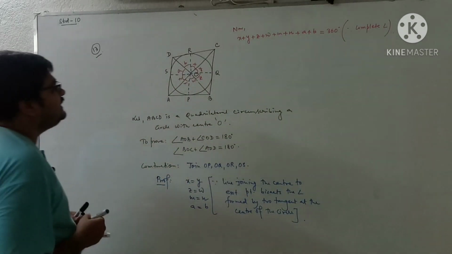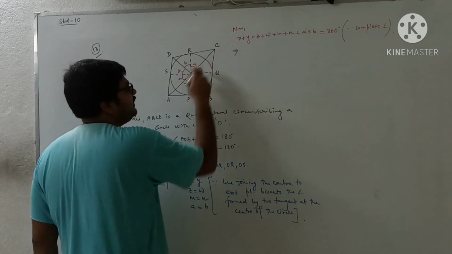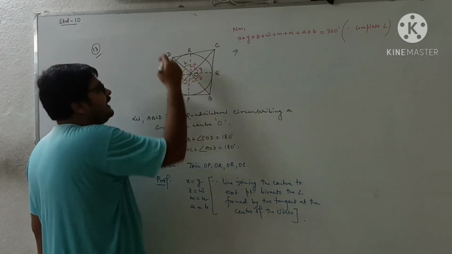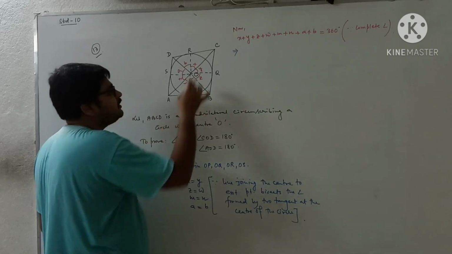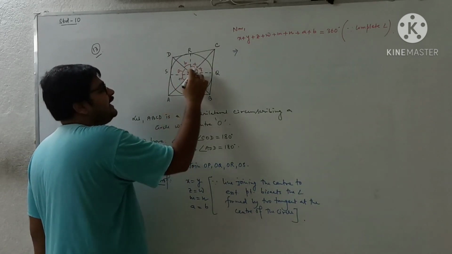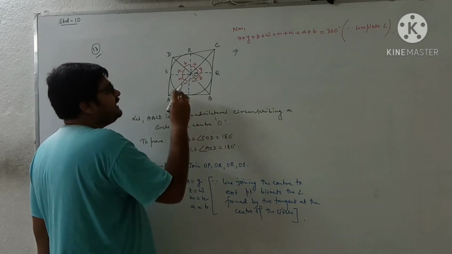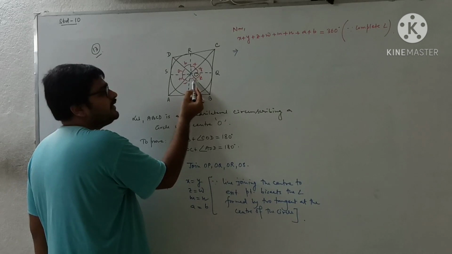Now you just see one thing, X and Y are equal, already proved. First of all, I want to show that COD and AOB are, sorry, not equal, extremely sorry, COD and AOB add up to a total of 180 degrees. Whatever the angles are in COD and AOB, that is X, B, M and W, correct?